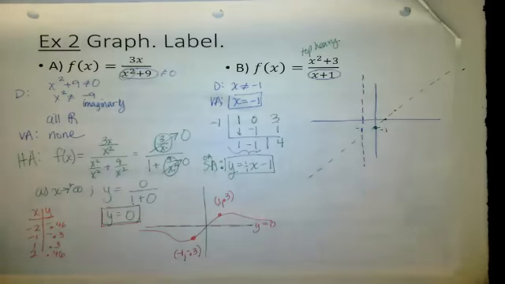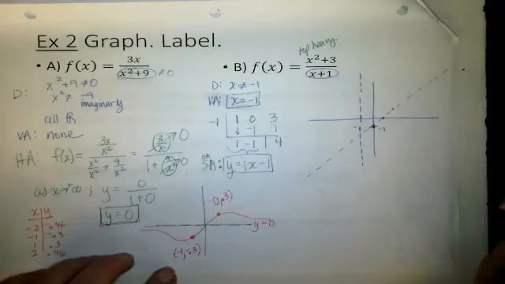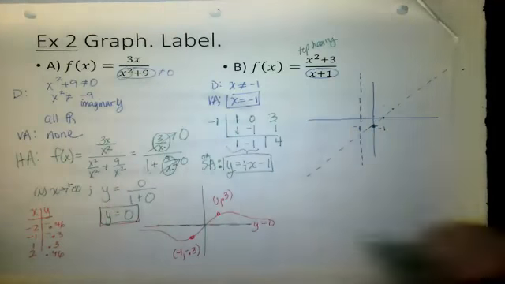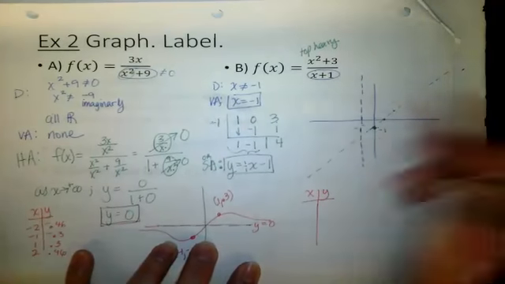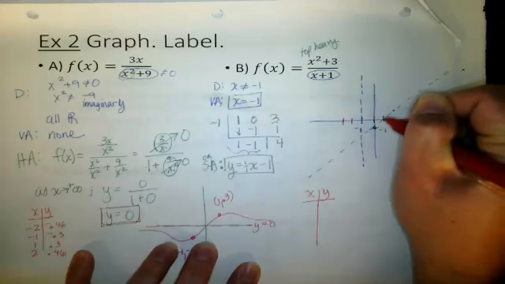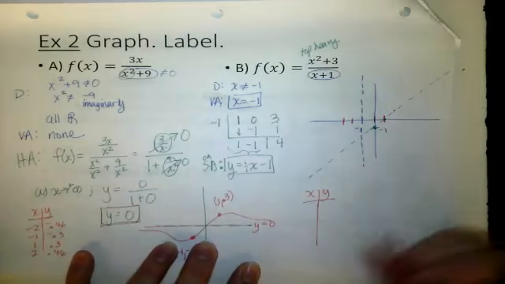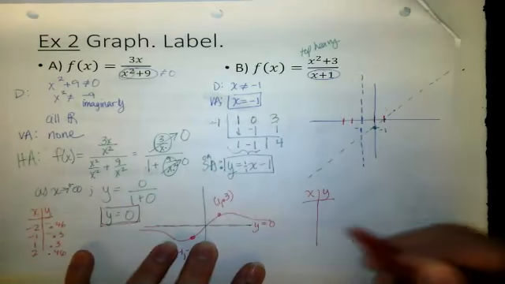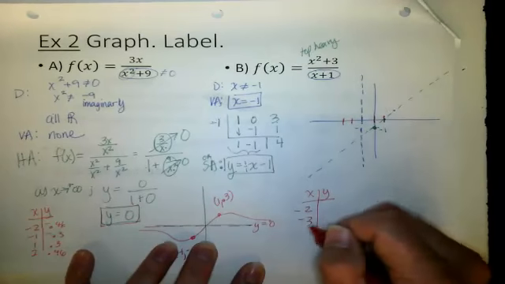Okay. And now I just have to figure out what goes in these wedges, and I can do that a couple of ways. I can make a little table of values. I would want to choose numbers to the left and to the right of my vertical asymptote. So what are some values to the left? -2, -3.